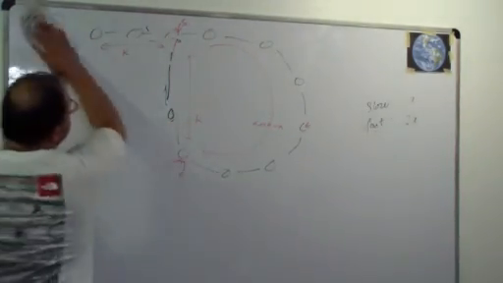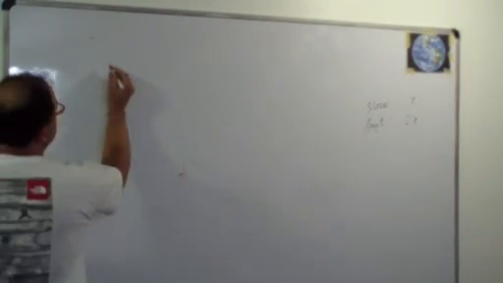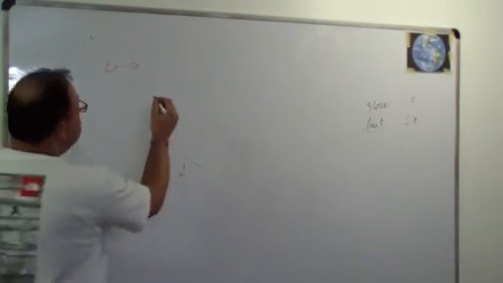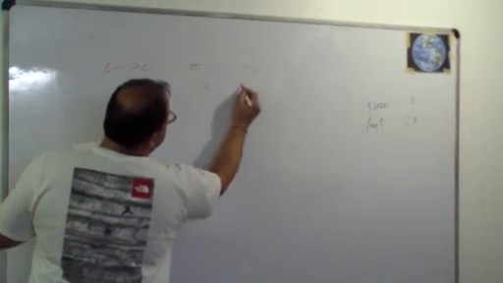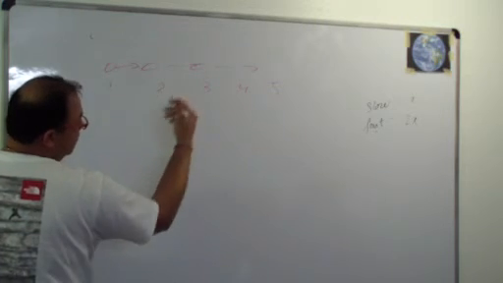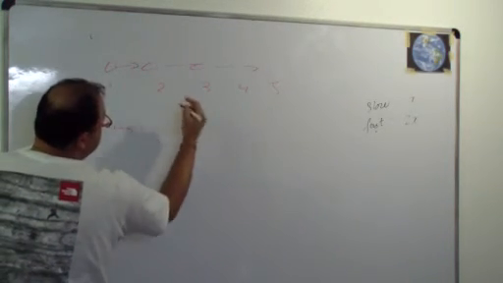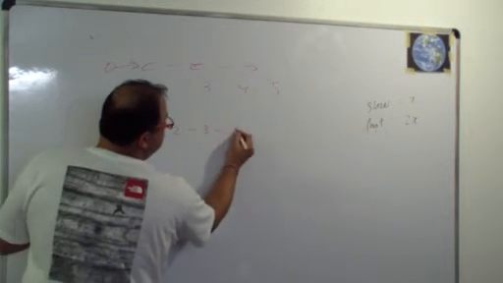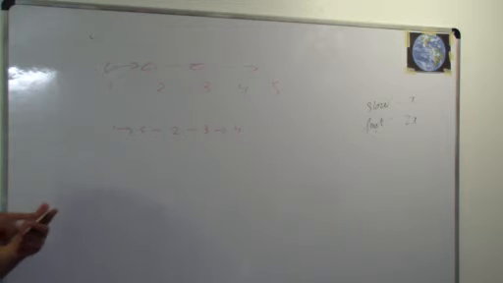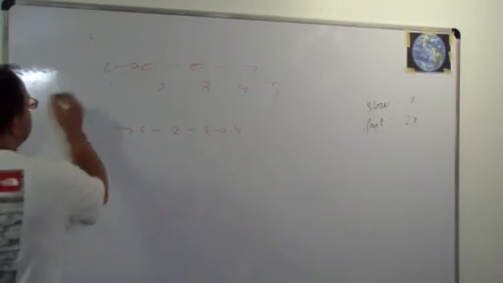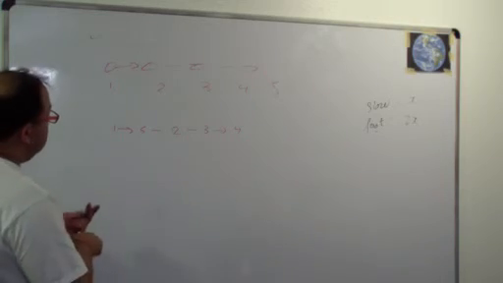Zip merge would be something like 1, 2, 3, 4, 5. So you break this, and then you take 1 and 5, 2 and 4, and 3. So one from the start, one from the end. Then add to linked list. So let's say the linked list is 1, 5, 2, 4 and 3.